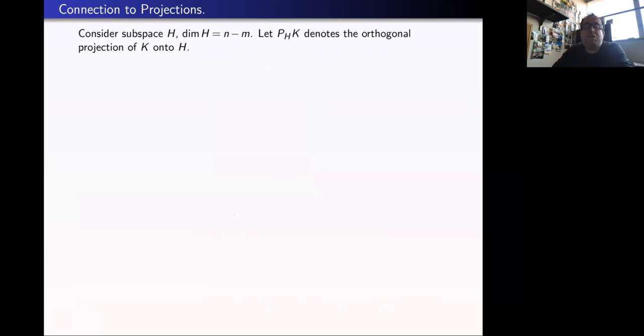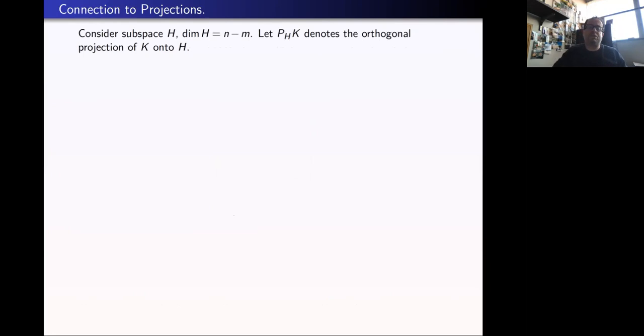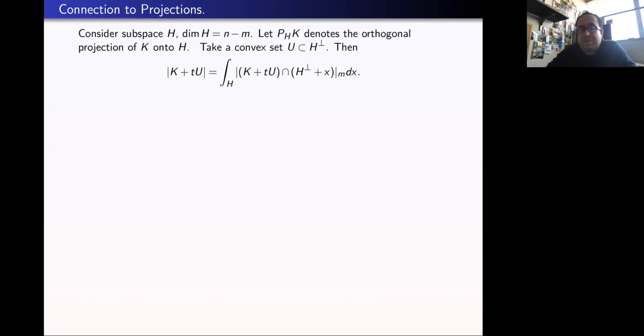So let P_H K denote the orthogonal projection of a convex body K onto a subspace H of dimension n minus m. I'm sorry that I denote the dimension of the subspace as a difference. It's just easier for me like this, because here the dimension of the subspace was n minus 1. You remember, a hyperplane has dimension n minus 1. And so we use Fubini's theorem, nothing clever.